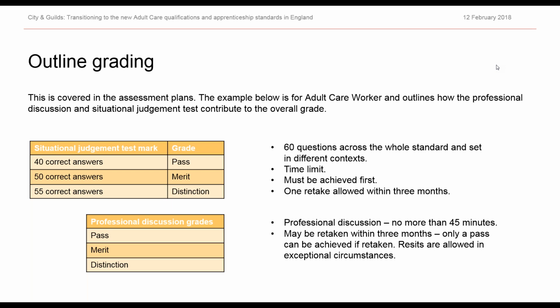The reason that those two are different is because if an apprentice had taken the professional discussion and been unsuccessful, then when they retake the professional discussion, their grading will be capped at a pass. Whereas if they resit because of exceptional circumstances, they would be allowed to have that as a first attempt.